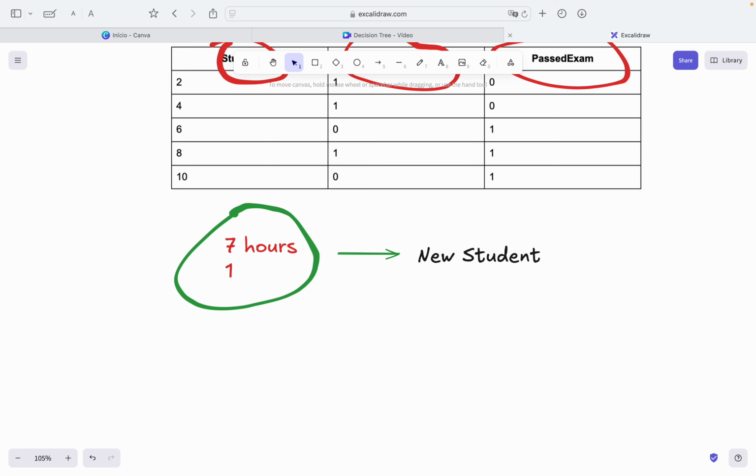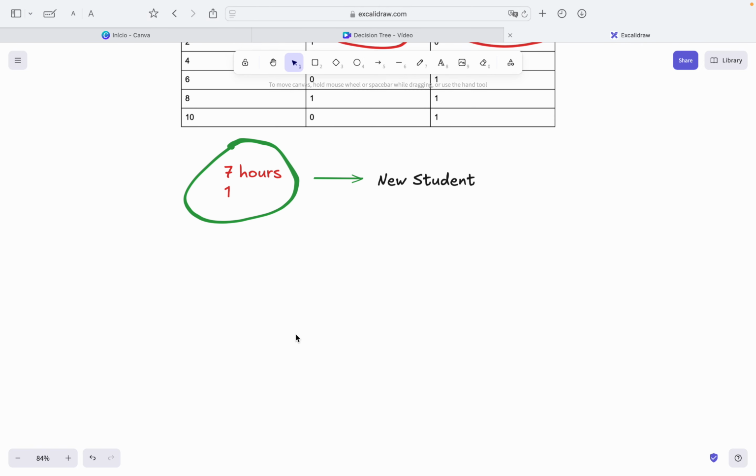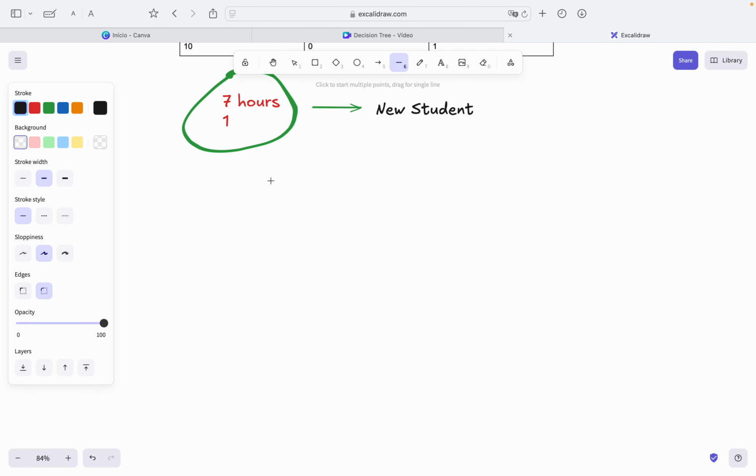Now let's try to predict if he studied 7 hours and attended the classes, whether he is gonna pass or not. So what we can do here is try to draw a 2D graph, right?